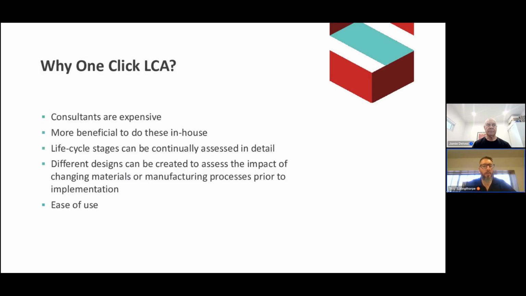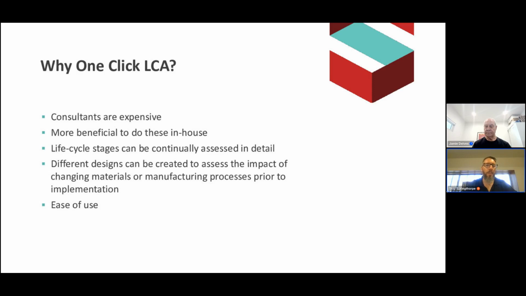So why did we end up choosing One Click LCA? Consultants are obviously expensive, and it's kind of a one-off thing. So you pay your consultant to do your EPD for you, and you've got your EPD. But we figured in doing that, the company and us ourselves weren't actually learning as much about life cycle assessments and EPDs as we could be.